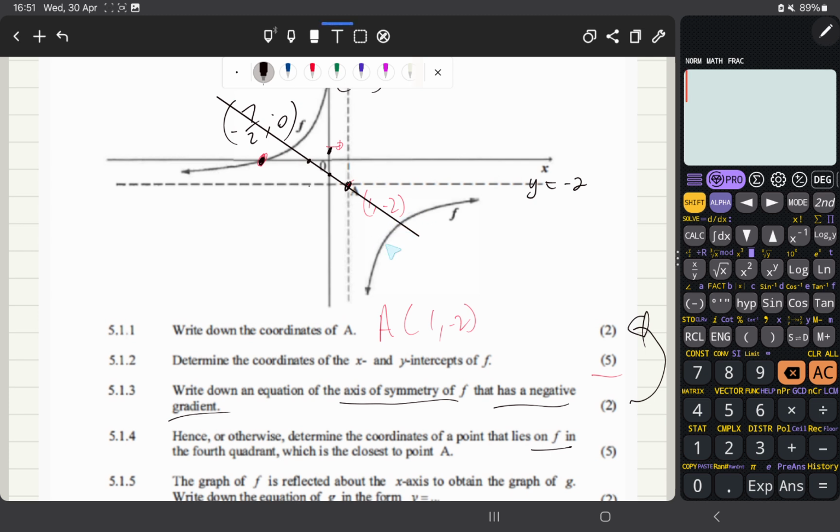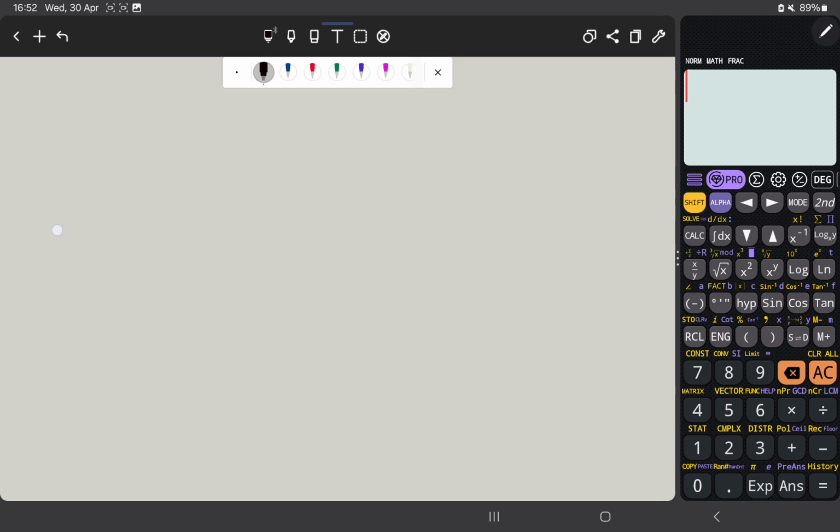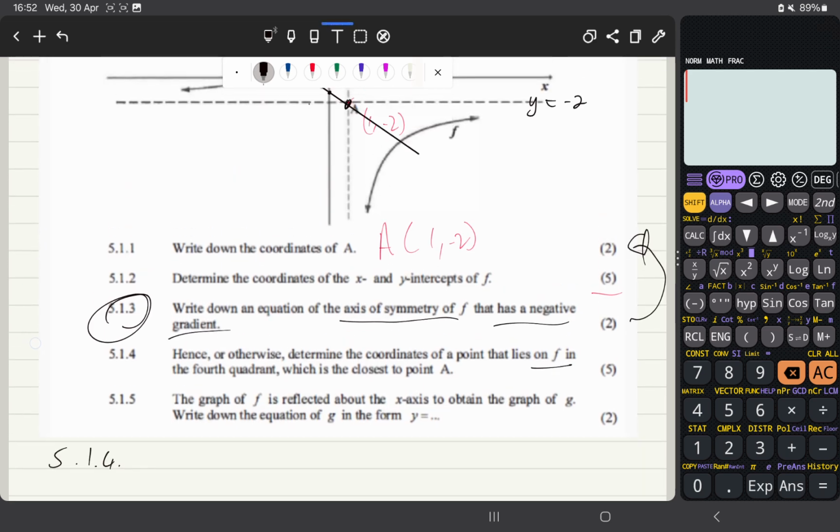There's no exact point which we could say is a turning point, but it makes sense. Because here is A right here, so the point is going to be somewhere there. The closest thing you could possibly use here is what we were asked to calculate. So we're going to use it and try to find the point of intersection of our axis of symmetry and the hyperbola itself.